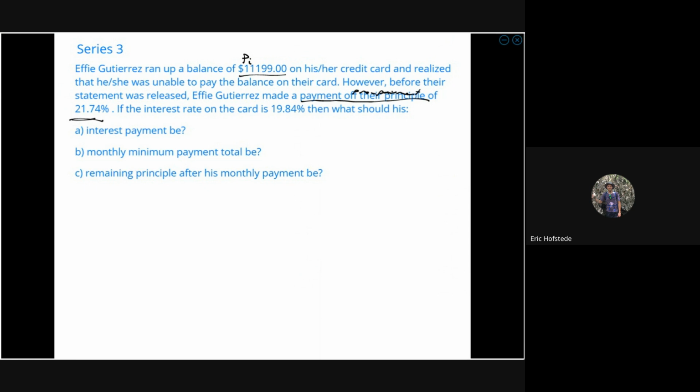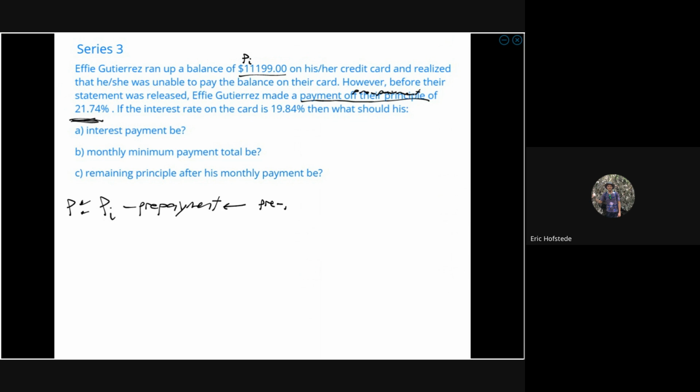All right, so let's first start off by figuring out our prepayment. My principal is going to be equal to my initial principal minus my prepayment. The only change to this question is the percentage. Otherwise, it's identical. All right, so now I need to figure out my prepayment.